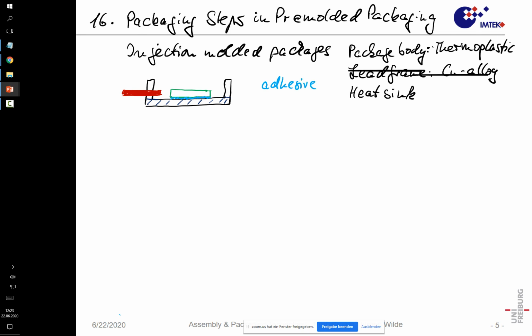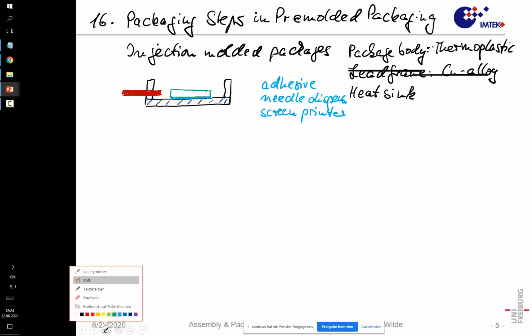For instance, you could use a needle dispenser or a printing, or a screen print. Screen printing is not so easy when you have to put it into some cavity. Okay, so the next is we pick and place the chip.